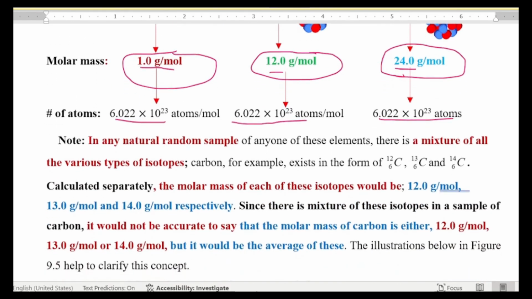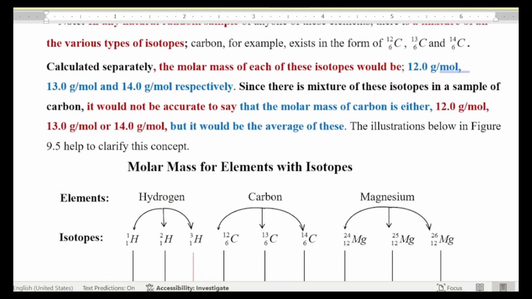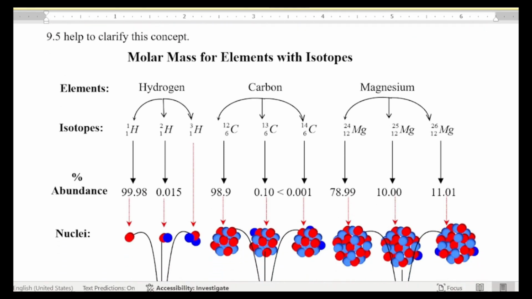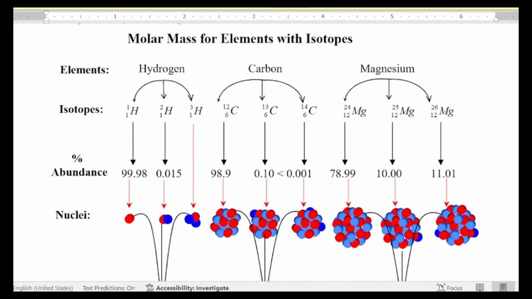Okay, now, come back to this one now. Remember we said that to represent the atomic mass of carbon found in nature, we cannot use 14U, 13U, or 12U, but the average mass of these isotopes. Here we're showing you the 3 elements that we use: hydrogen, carbon, and magnesium. These are the 3 isotopes of hydrogen.